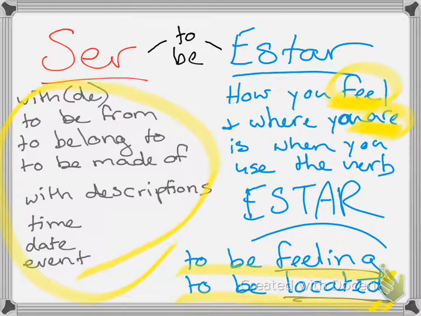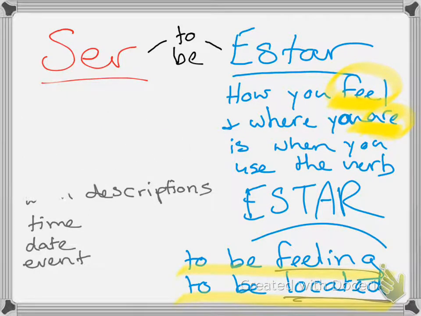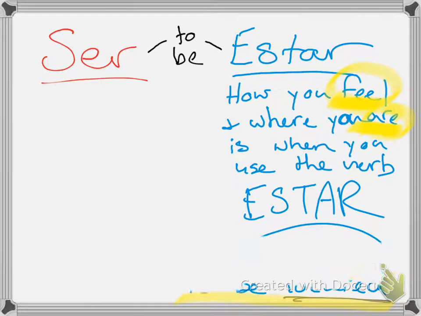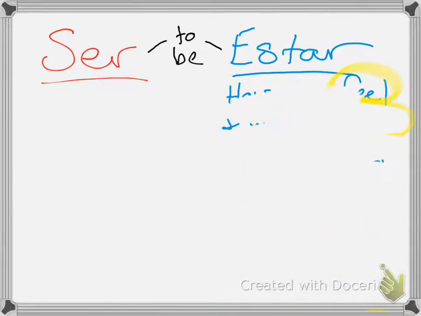All right? So let's take a look at these two. Let's take a look and see what they would look like. Okay? So here are some differences between the two.